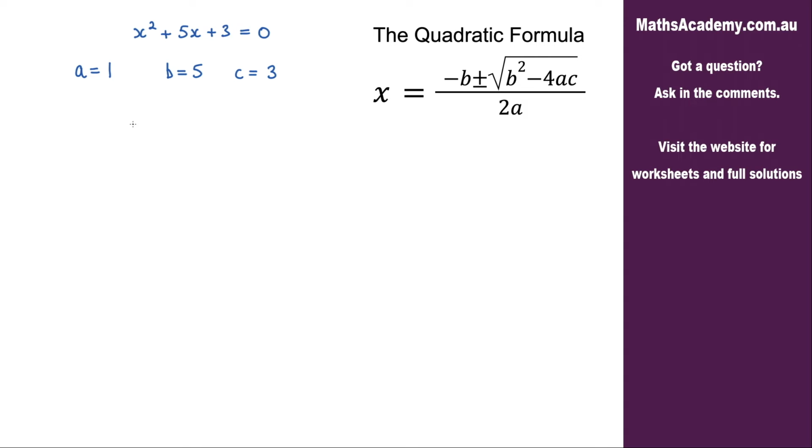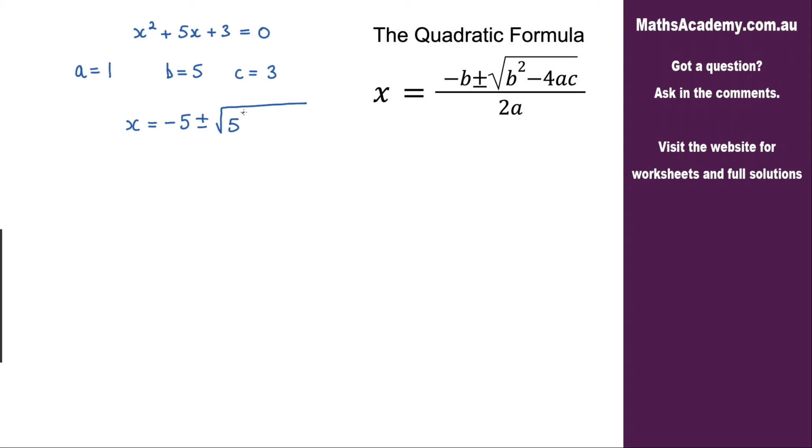We can now go ahead and use the quadratic formula. So this is going to be my substitution step. So I won't be performing any calculations at all. All I'm doing is substituting in for a, b, and c. So we've got that minus b, and b is 5, plus or minus the square root of b squared.